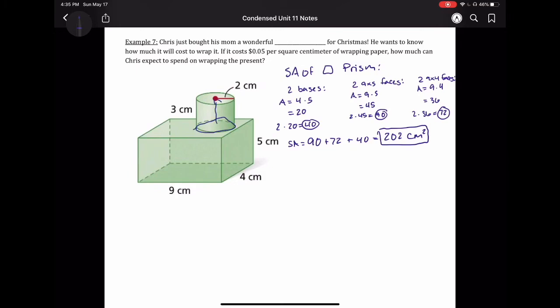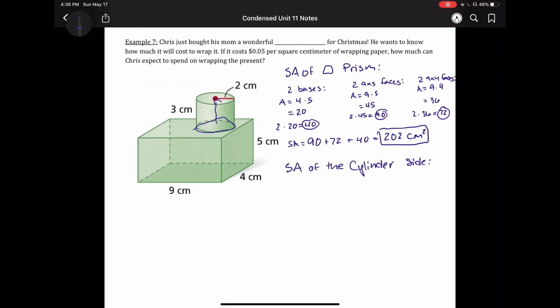So what we're actually doing when we're finding the surface area of the cylinder, we're only finding the surface area of the cylinder side. Just the side. In order to find the surface area of the cylinder side, or the face, we have to find the circumference of the circle because that is the length of our rectangle.